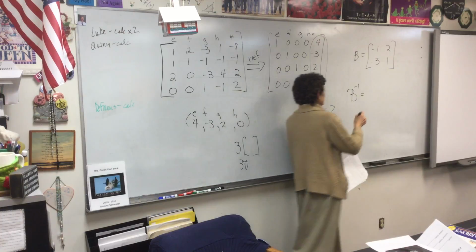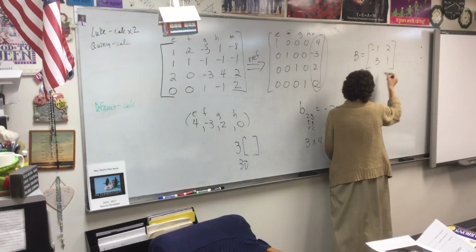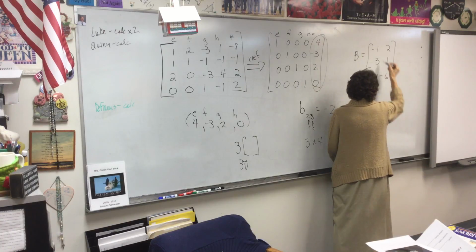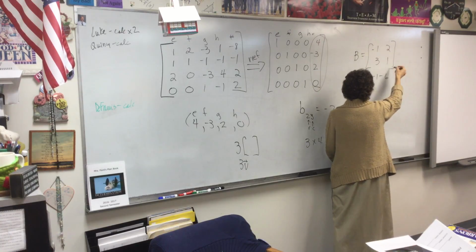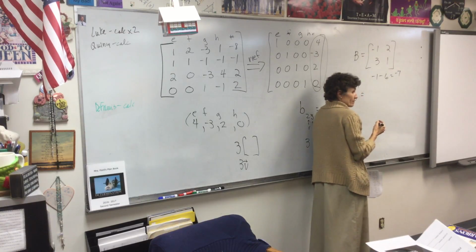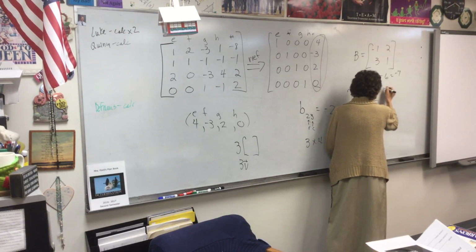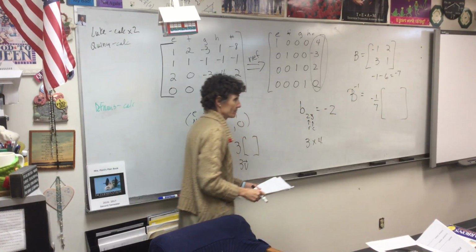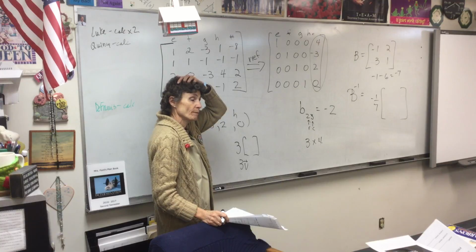So the determinant is -1 minus 6. So that's -7. So my inverse is going to be 1 over -7. It's always 1 over the determinant.